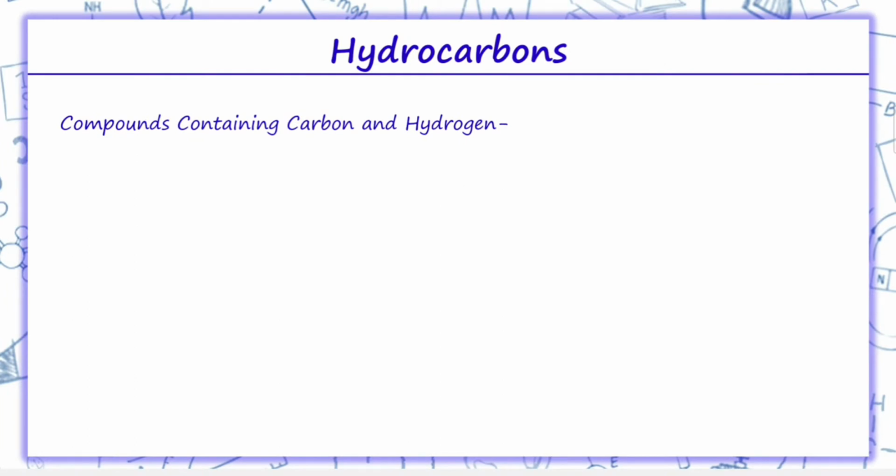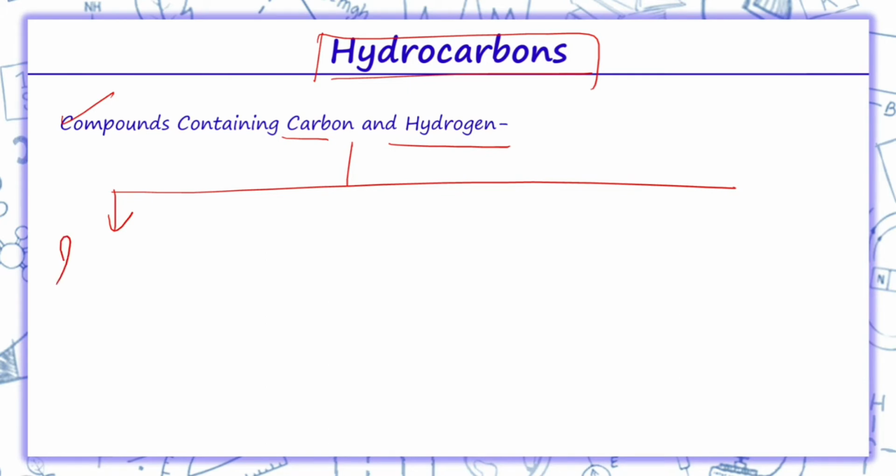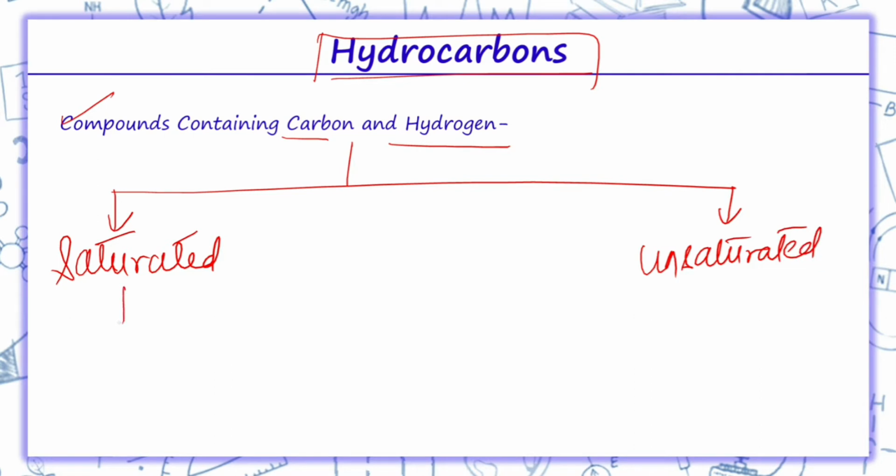So, what are hydrocarbons? Hydrocarbons are the compounds that contain carbon and hydrogen. These hydrocarbons are divided into two categories: saturated hydrocarbons and unsaturated hydrocarbons. Under saturated hydrocarbons, we study alkanes.